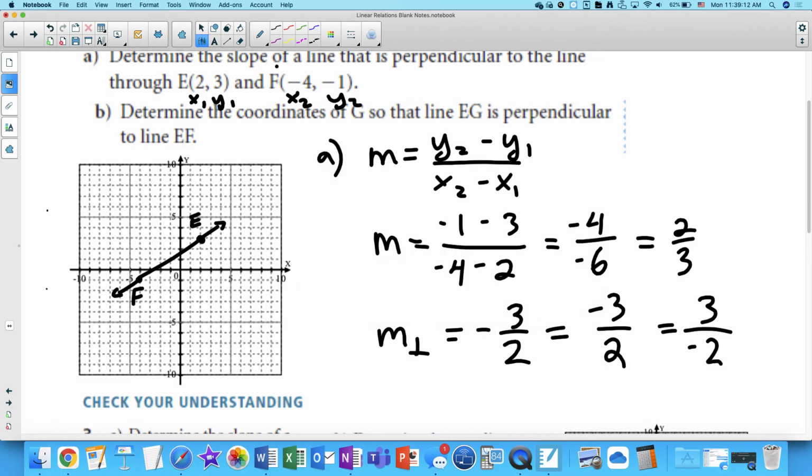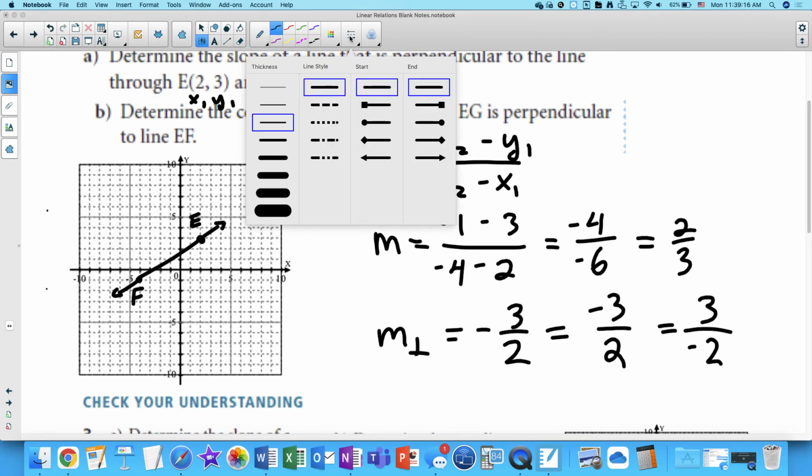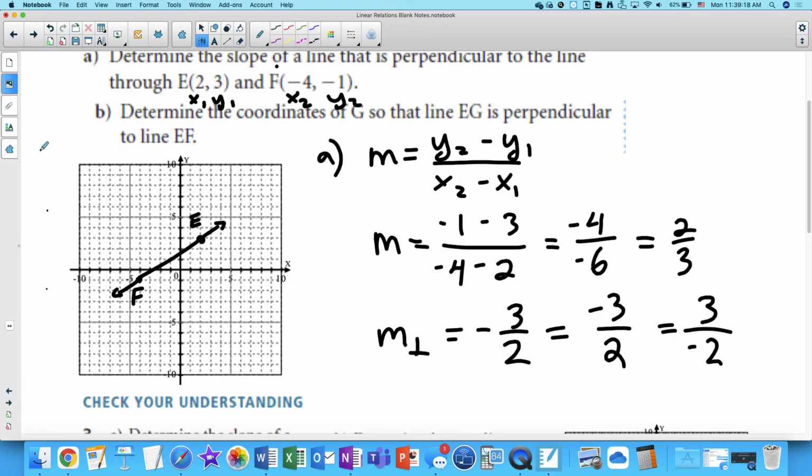Okay, starting at this point, I'm going to use my slope to give me directions to find other points on the line. If I use the first version, that means I go down 3 first, then right 2. Down 3, right 2. Here's another point. Down 3, right 2. Here's another point.